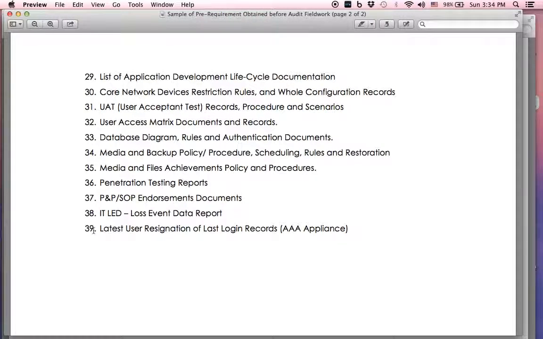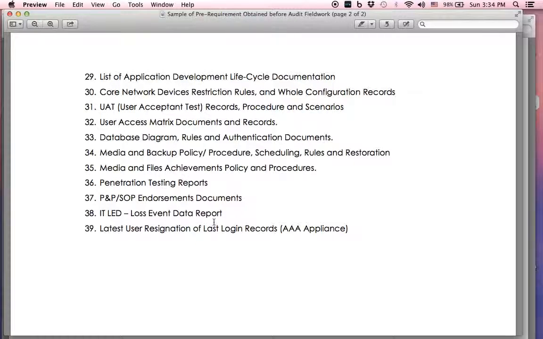The last item we need to obtain is related to the latest user resignation or the last login record, AAA appliance. AAA refers to authentication, authorization, and accounting. In terms of financial, we refer to accounting. For the IT audit, we refer to accountability. It means responsibility.